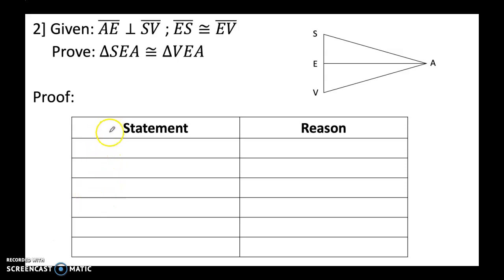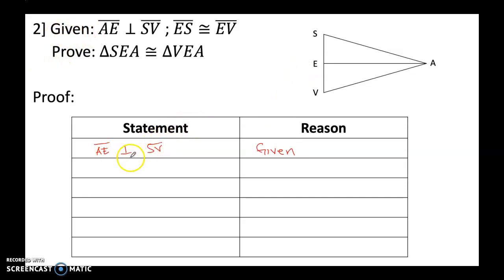So first, let's write the given. We have segment AE is perpendicular to segment SB. The reason will be given.